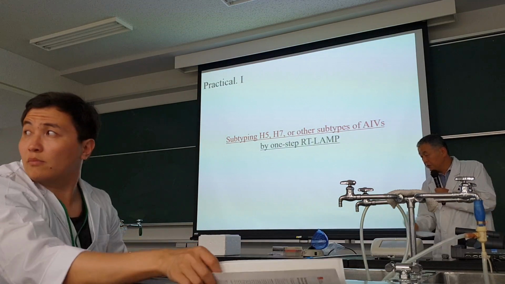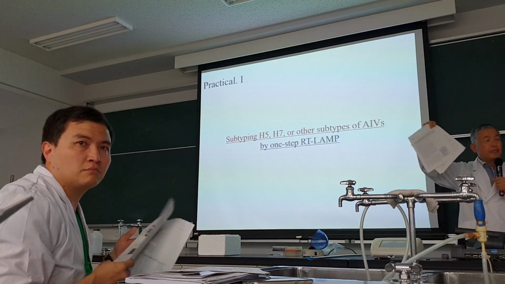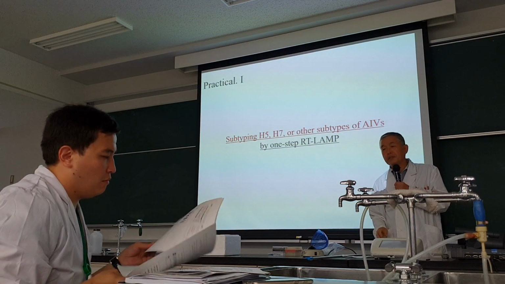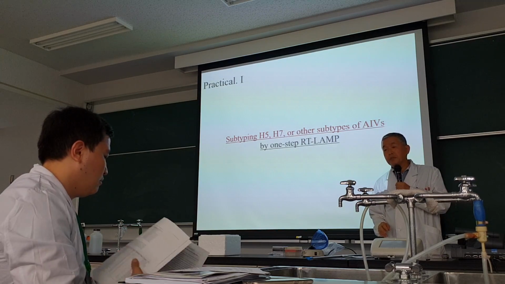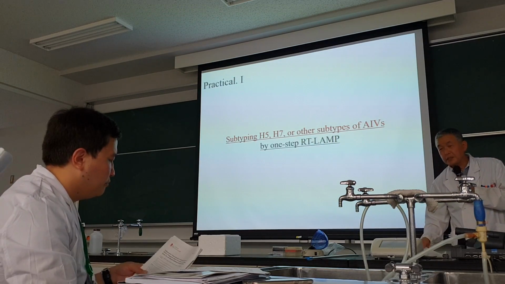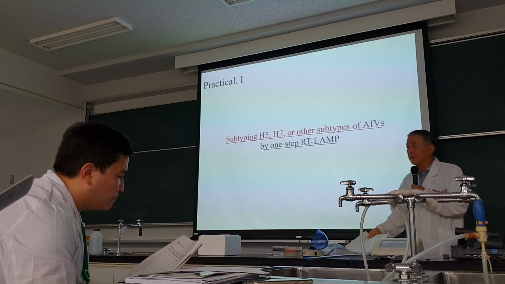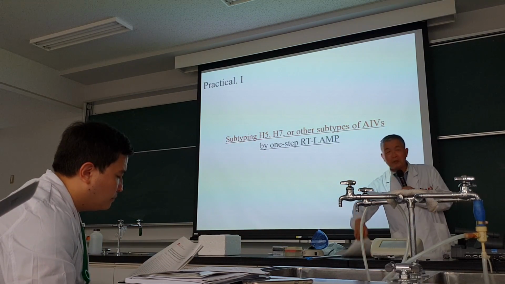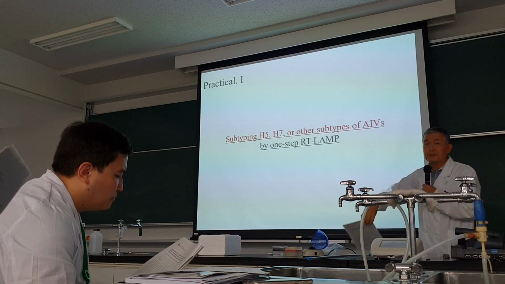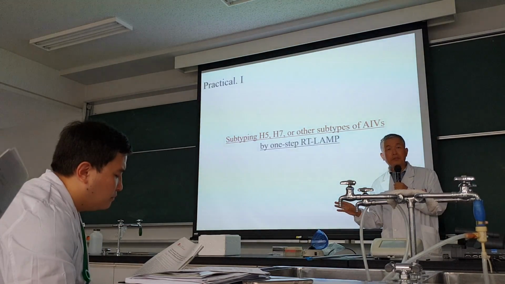Your file has some references here, before the slides, so you can see the references. On the next page, you see the primer sequences of our LAMP test for H5, and also the virus strains used in our experiment. It shows the target gene we use in this experiment.